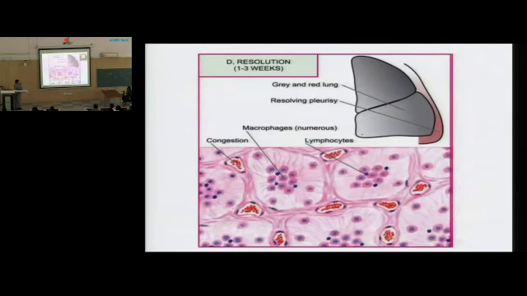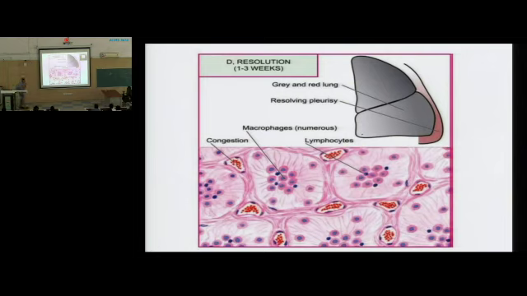So the stage of resolution may last for 1 to 3 weeks, right? Here you can still see some blood vessels which are congested, but numerous macrophages will come now in the stage of resolution, the last stage, and the polymorphs will go, and there will be a presence of few lymphocytes and macrophages.